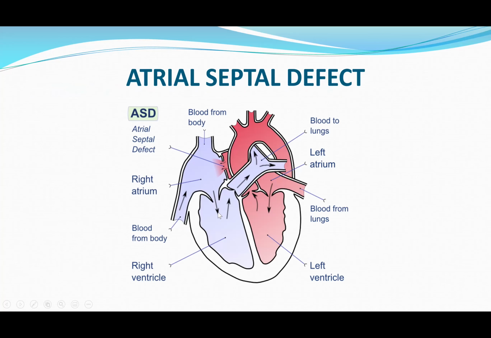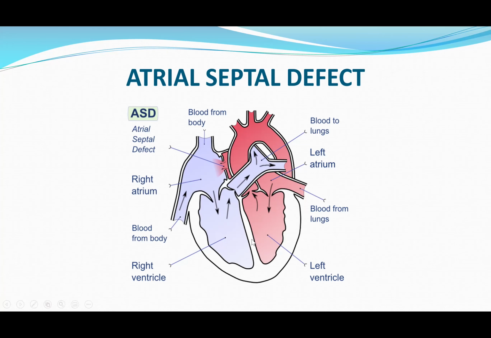Then the pulmonary artery has to carry all this excess blood going into the lungs. The pulmonary artery is very, very sensitive to volume. Oftentimes, if you allow too much blood to go across the pulmonary artery, they can develop pulmonary vascular disease, especially with large VSDs.